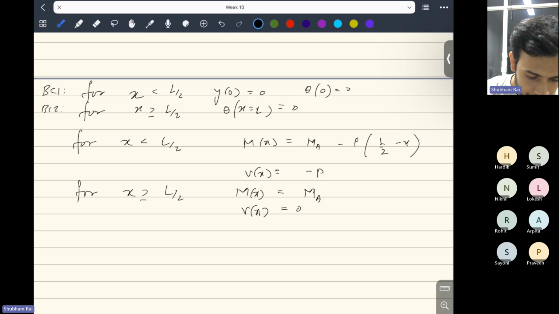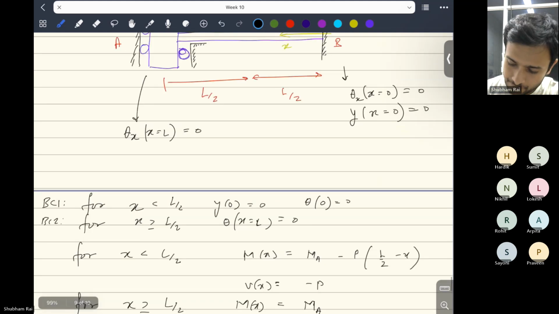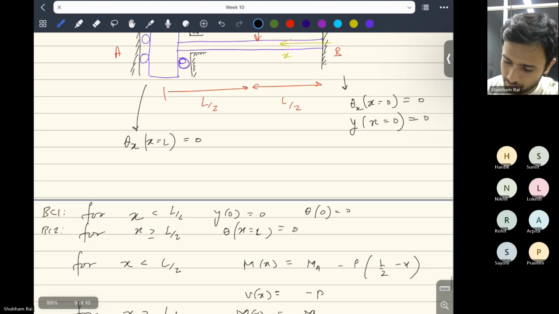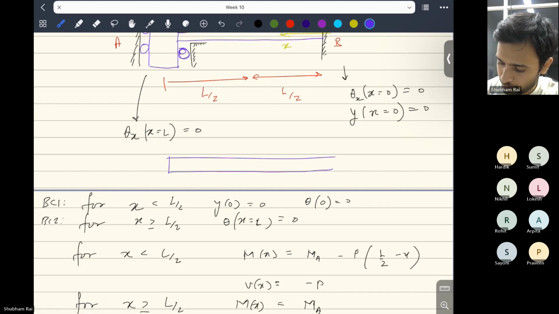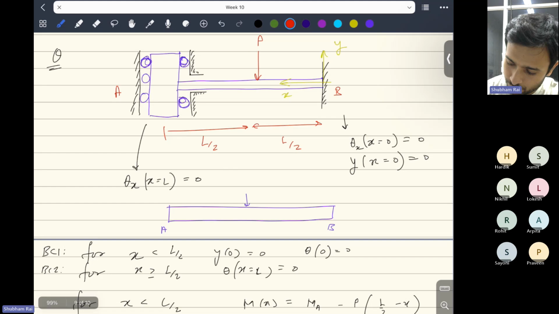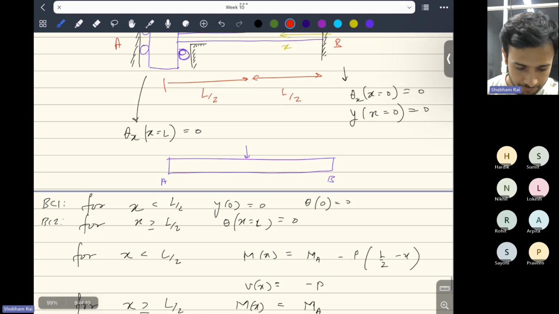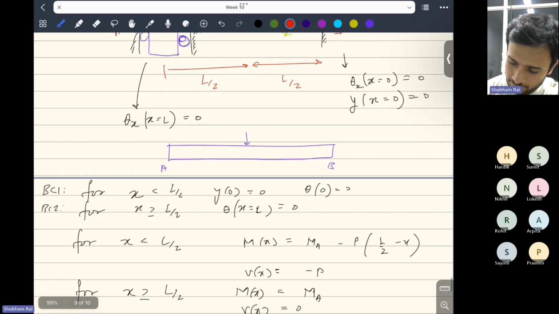Okay, so let me draw the diagram here also. If you have this beam, this point A, this point B, this is the load. Actually, it is not P, it is P by 2. P by 2 here. So MA will act here.